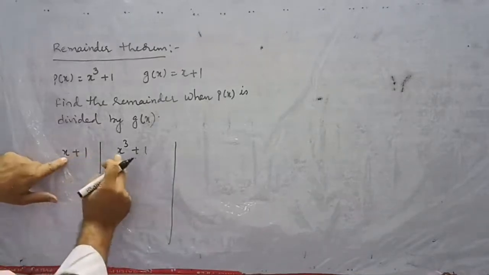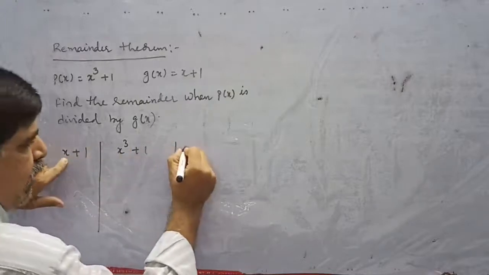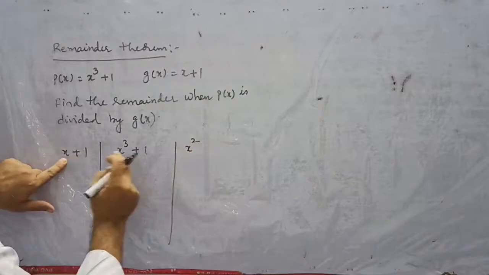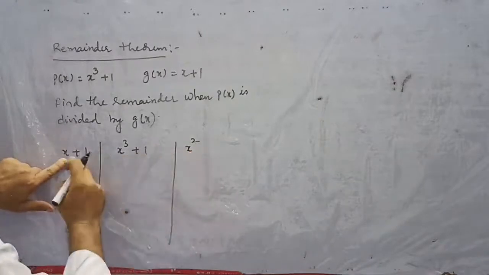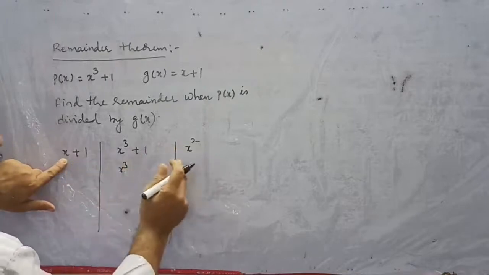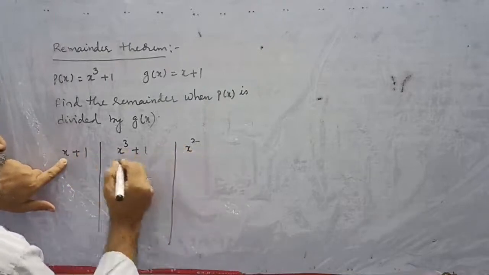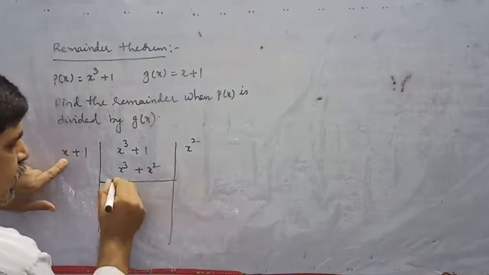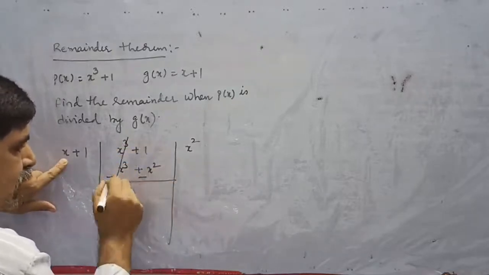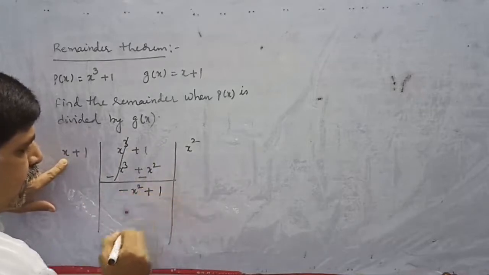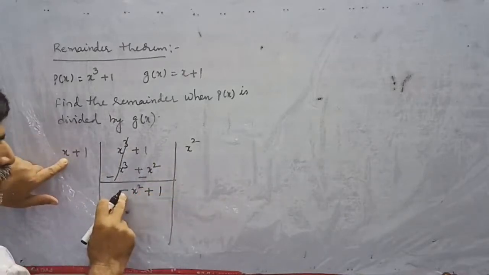Now x cube here and x here. So how many times x cube by x is x square? X square. Now multiply this x square with x plus 1. What we get? X square into x, x cube. X square into 1 is x square. So plus x square. Now this can be written as minus, these two get cancelled. Minus x square plus 1 again. Now the symbol is minus.